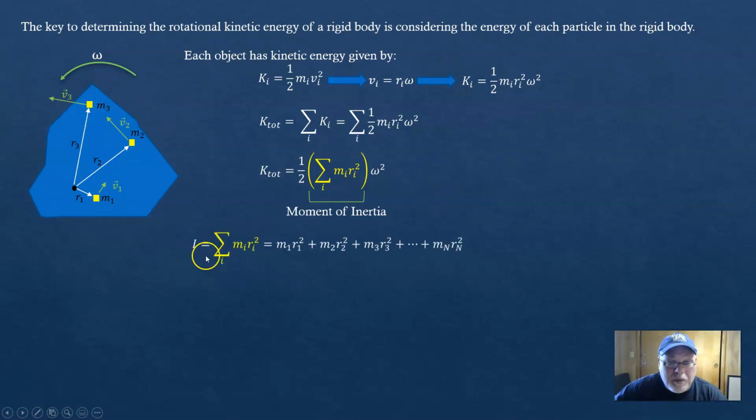In other words, the moment of inertia is m1 r1 squared plus m2 r2 squared plus m3 r3 squared, and so on until we get to the last little particle we divided this object into. This is the moment of inertia, and it's really important in rotational motion. We're going to see why in just a second.